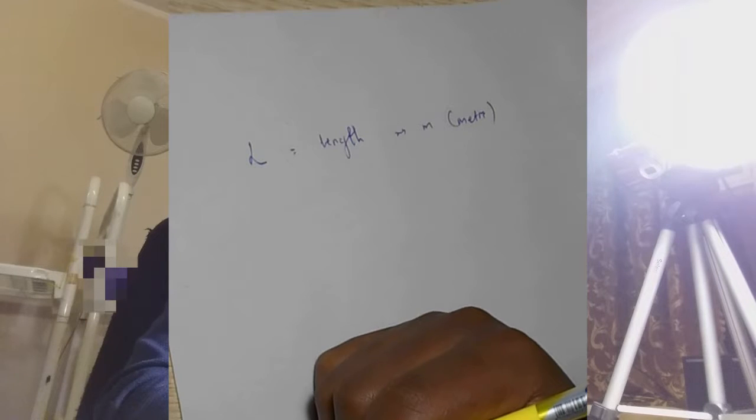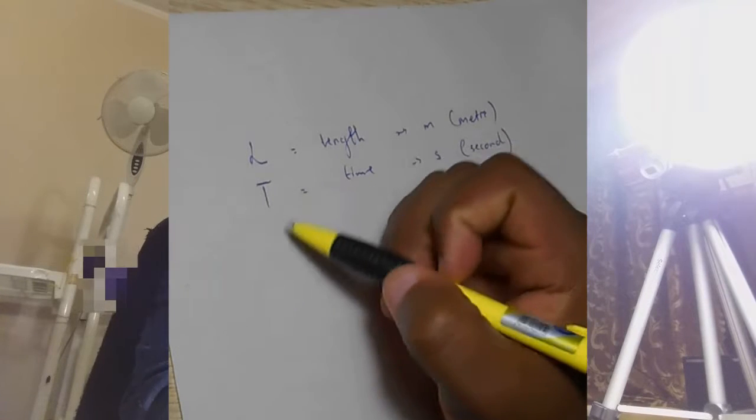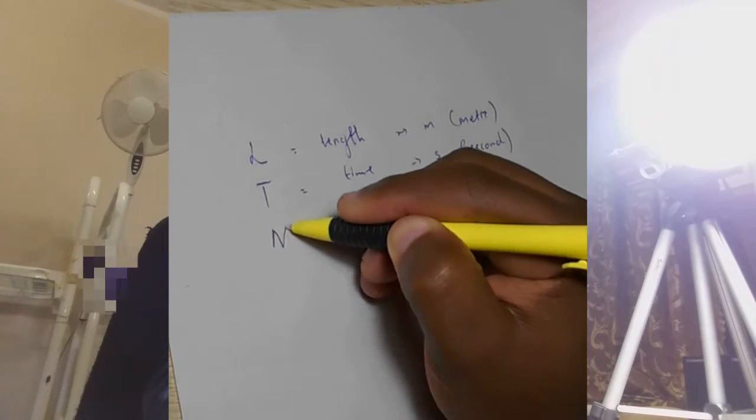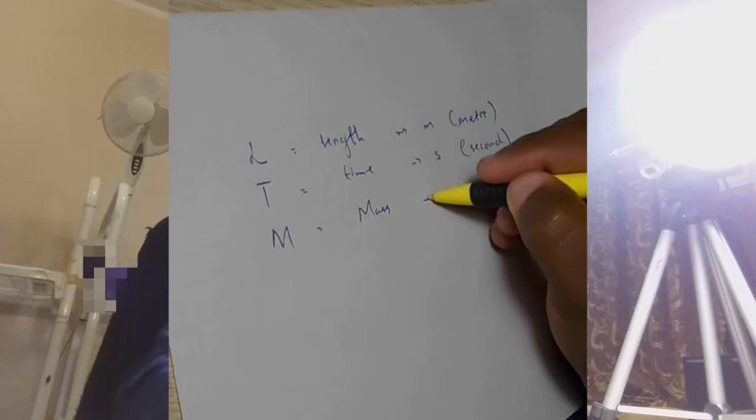The second important symbol is T, which is time, and we represent its unit with a small letter s, the second. The other symbol is a big letter M, that is mass, which is measured in kilograms.